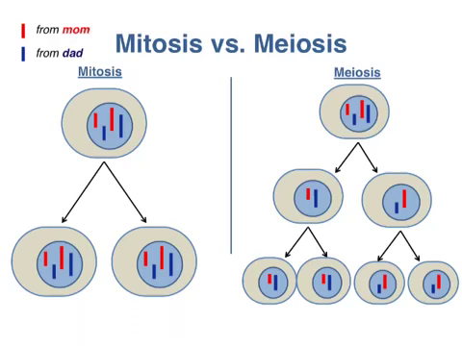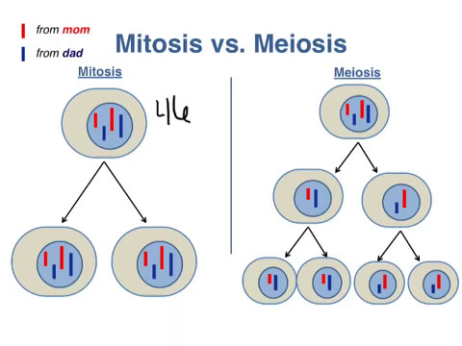You should already be familiar with the process of mitosis. I'm not going to go over that in detail in this video. What I will go over is meiosis, and I'll talk about how meiosis compares to mitosis. In mitosis, you start out with a cell with 46 chromosomes, although I've only illustrated 4 here.